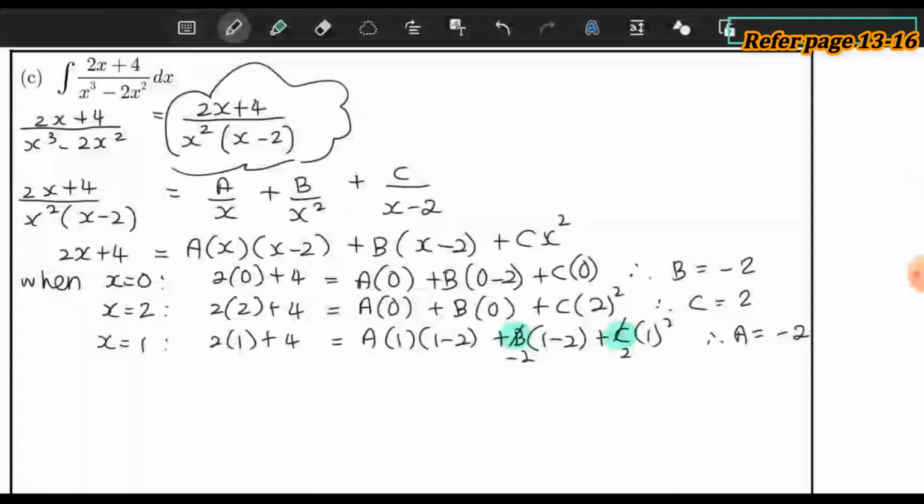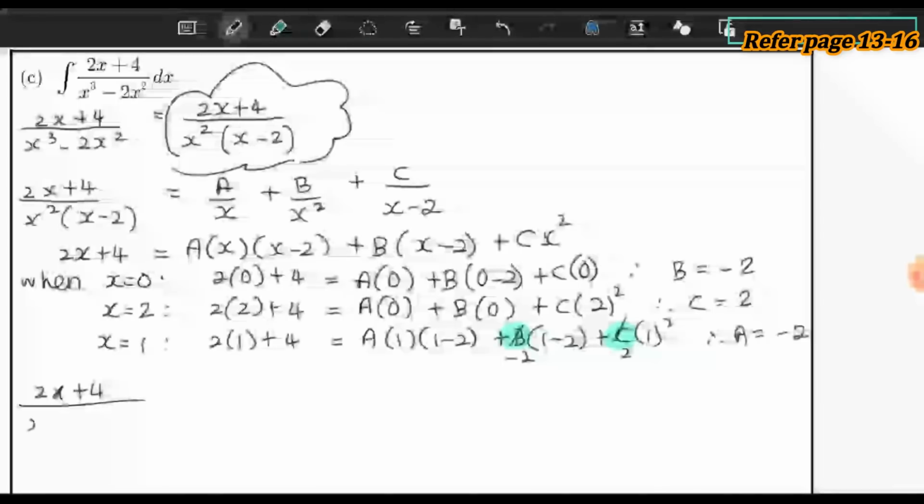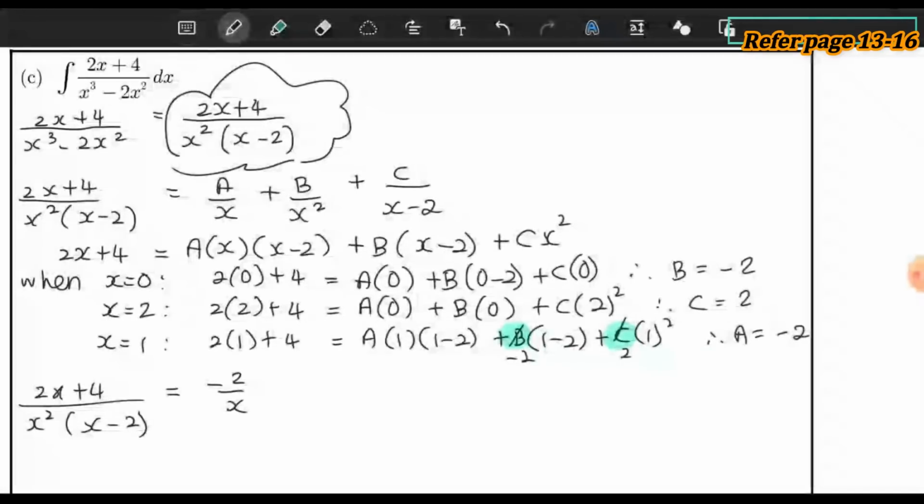And the partial fraction 2x plus 4 over x squared times x minus 2 equals a over x, which is negative 2 over x, plus b over x squared, which is negative 2 over x squared, plus c over x minus 2, which becomes plus 2 over x minus 2.